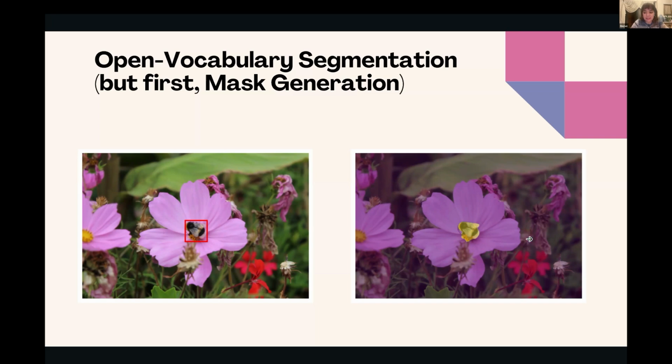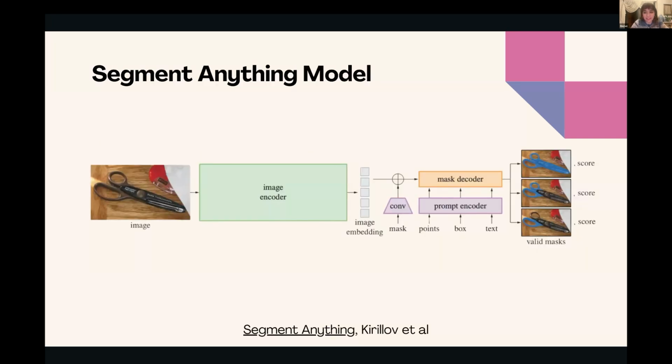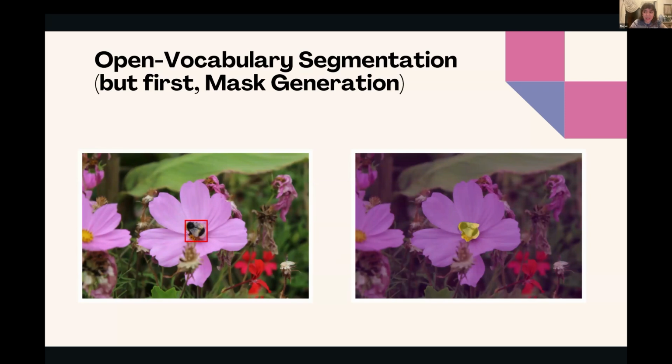The most famous model is the Segment Anything Model. I'm sure everyone knows it by now. It was released by Meta. This model is not returning anything semantically meaningful.